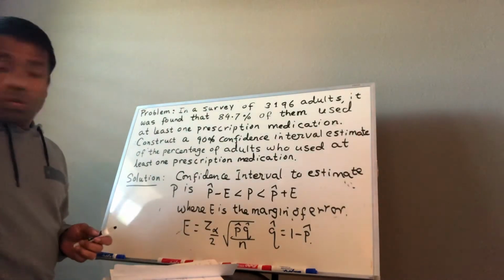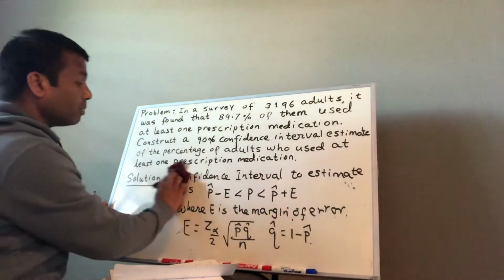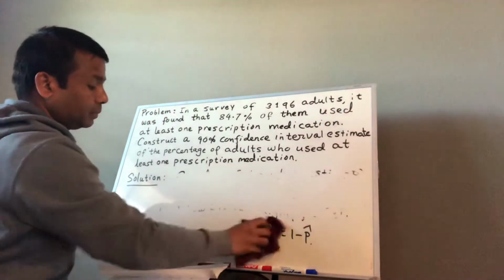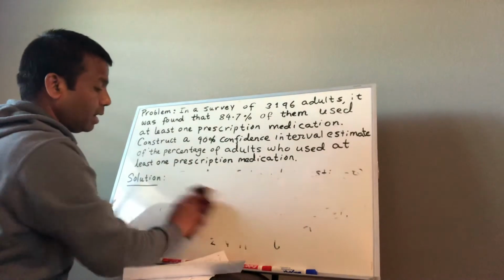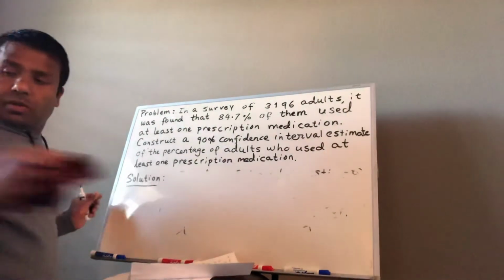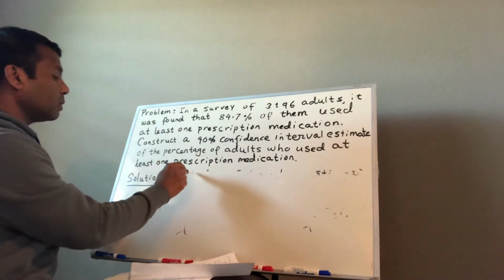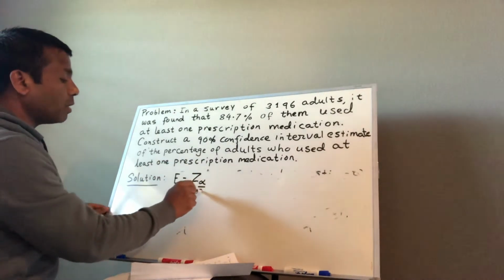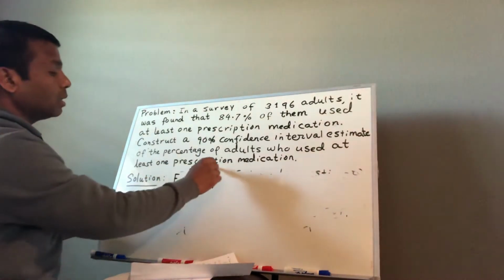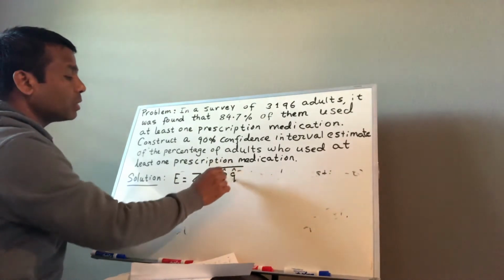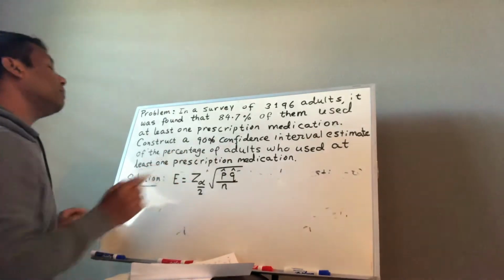So let me write down this formula on the top. The margin of error: E equals z sub alpha over 2 times the square root of p hat times q hat over n.